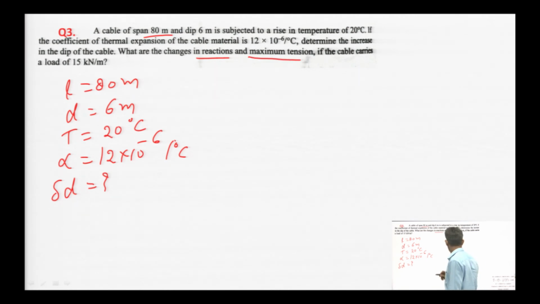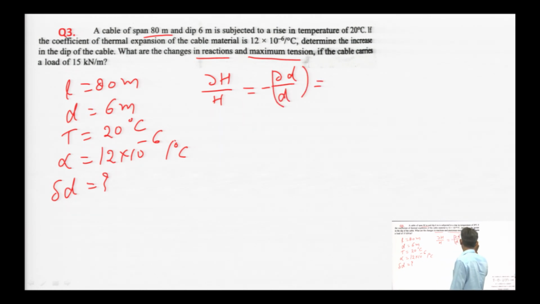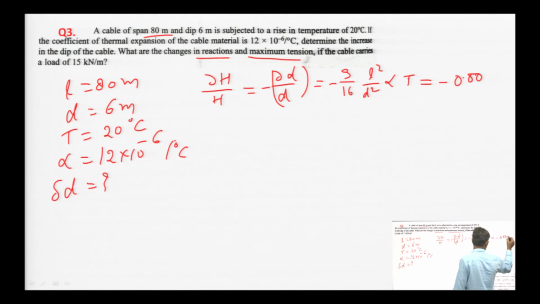The value of del H by H equals minus del D by D, which equals minus 3 upon 16 L square by D square alpha into T. L, D, alpha T are known, and by putting the values we get minus 0.008.